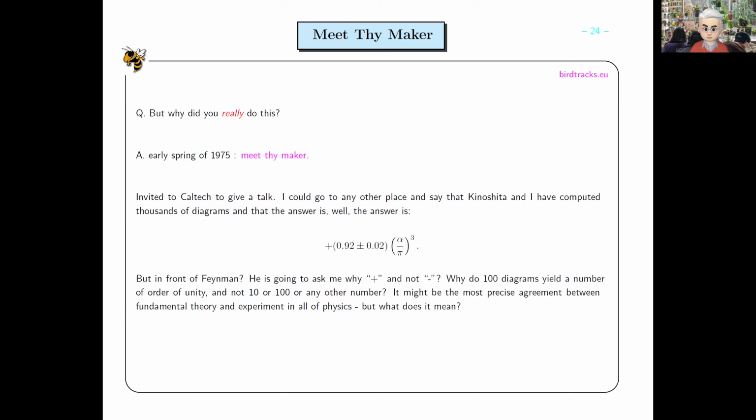You had hundreds of diagrams and hundreds or thousands of counterterms. Why is this number not 10 or 100 or any other number? This number looks like 1 to me in a first approximation. This must be the most precise agreement between theory, experiment, and all of physics, which it was at the time. But what does it mean?